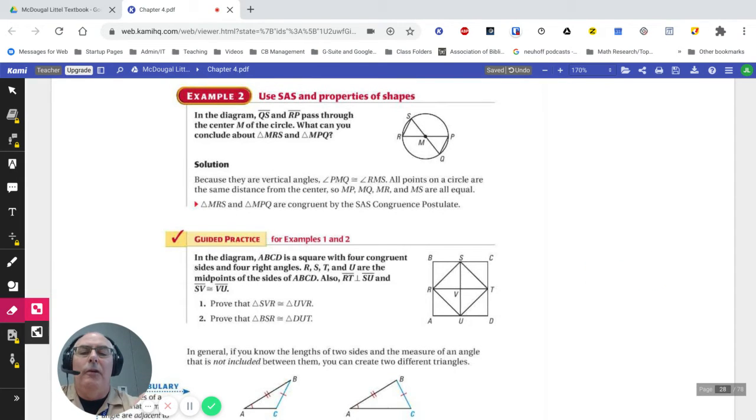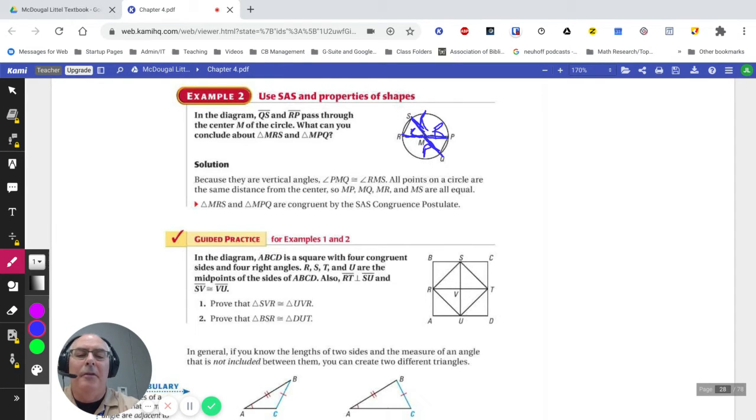Here's another situation where I have a diagram and I know, because they are diameters, that these two will match up because they're both going to be a radius. Those two are going to match up because they're both going to be a radius. So I have the two sides that I need.